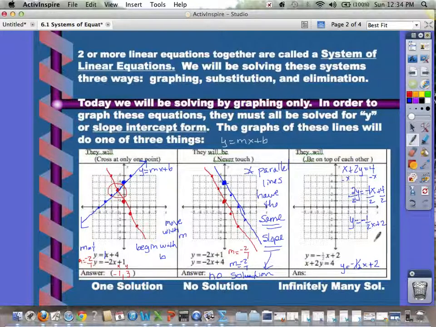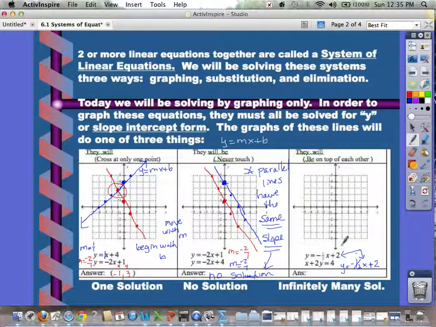Okay, and I'm going to erase this and get this out of the way of my graph. Okay. All right, so here's my first equation, negative 1/2 x plus 2. Here's my second equation now, negative 1/2 x plus 2. Well, heck, these are the same exact line.